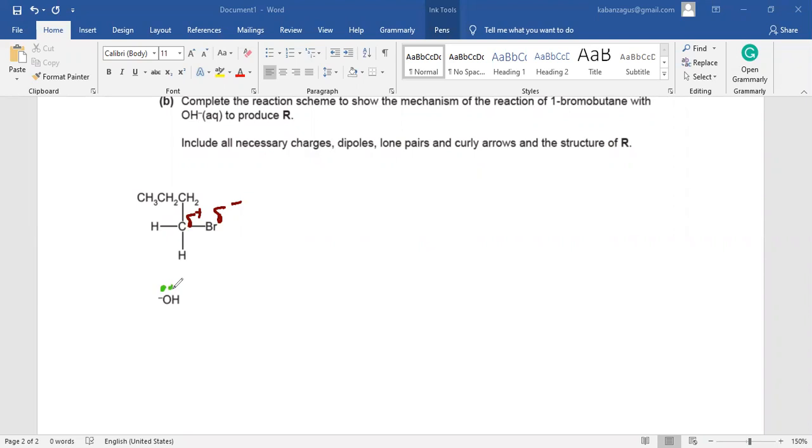All right. And then later on, you will show the examiner the curly arrows. Now, we can put here, from this bond goes to Br, meaning you explain to the reviewer that this Br takes the electron of the carbon.